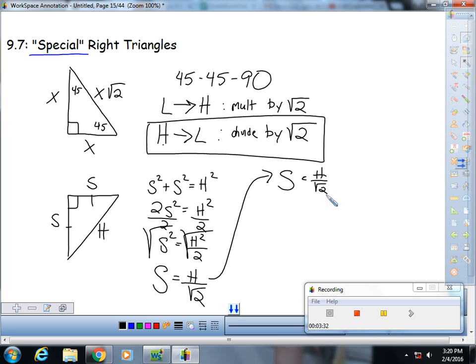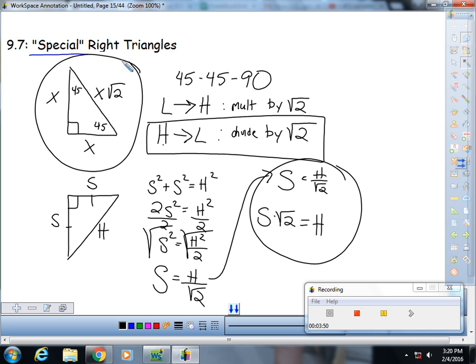If we wanted to solve for h in terms of s, you would multiply both sides by radical 2, and that would give you h is s times radical 2. So this is what this means. And that's your first rule of today's lesson.